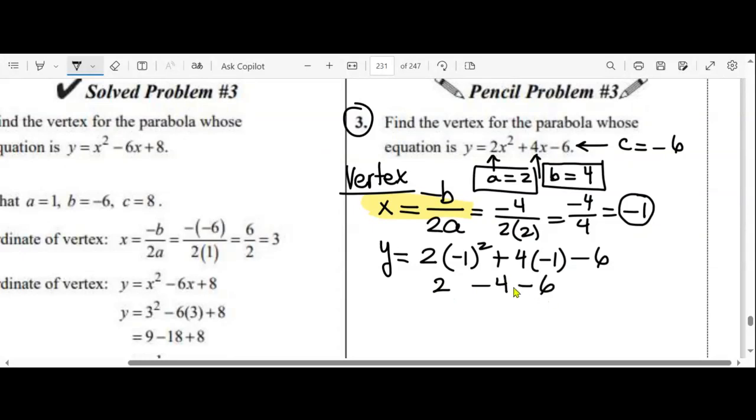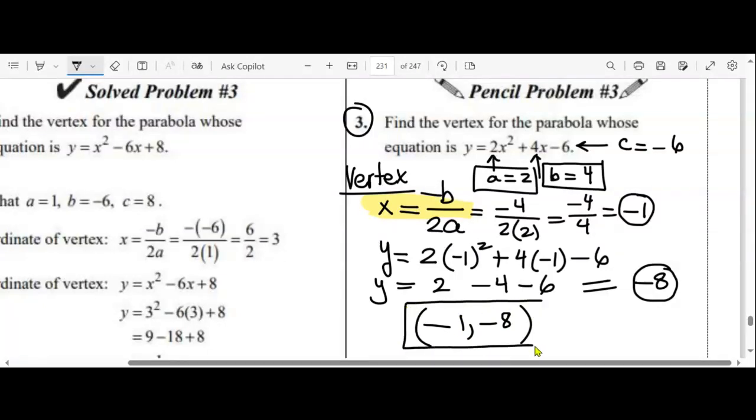I'm still solving it. So what is the vertex, ya Abdul Malik? Minus 1, minus 8. That's it.